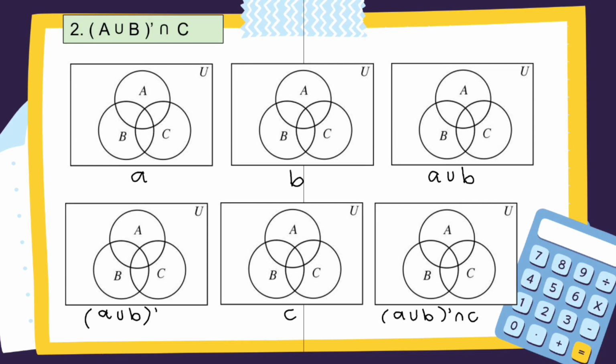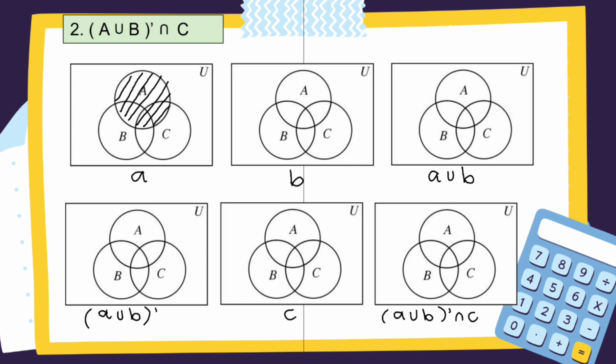For example, number 2, complement of the union of A and B intersection C. In this example, we will solve it step by step. For the first box, we got A. For A, we will only shade the circle A, not including the others.